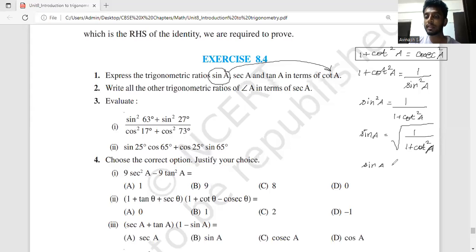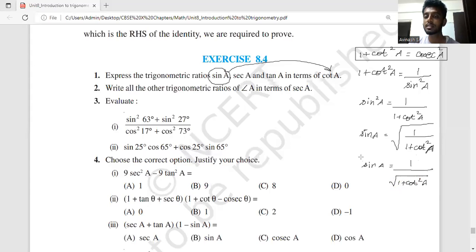So root of 1 in the numerator will become 1 and the denominator will be root of 1 plus cot square A. So some of you might be wondering if I can cancel this root and the square. We can't do it because there is a plus 1 that is associated over here. We can do this if there was no 1 plus, we can directly cancel this root and square. But here there is a 1 plus, so we can't cancel it off.